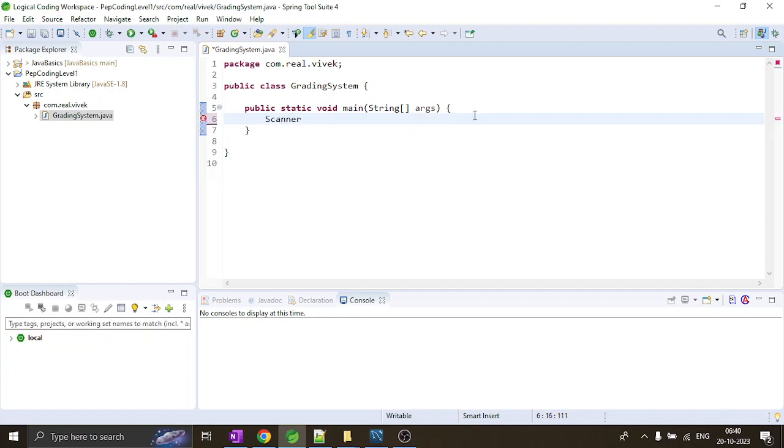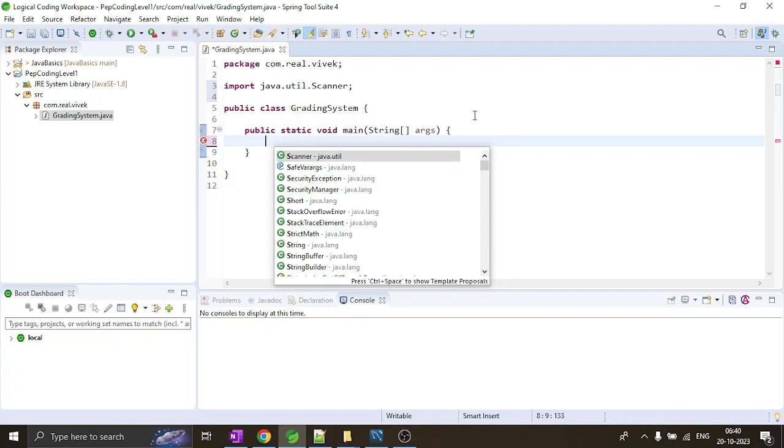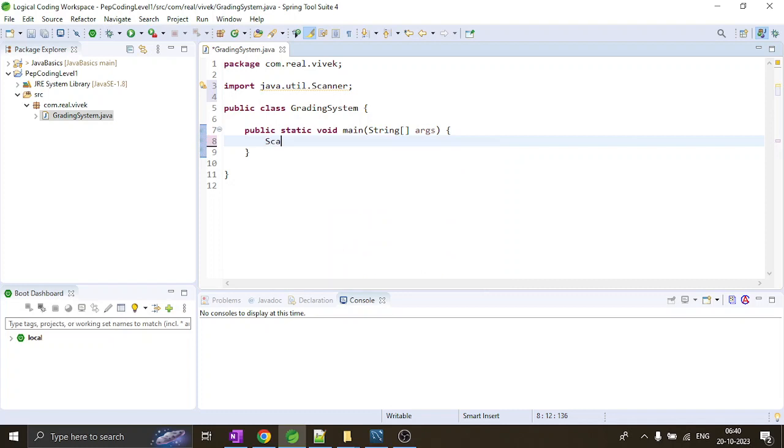Scanner. Scanner is a class using which we can take inputs. So let me create an instance of Scanner. We will typically get the input from the keyboard, right?